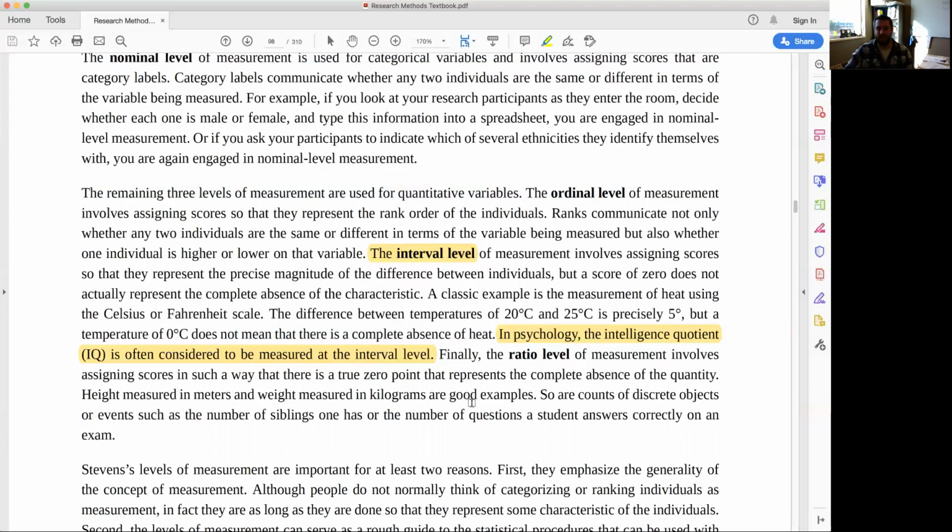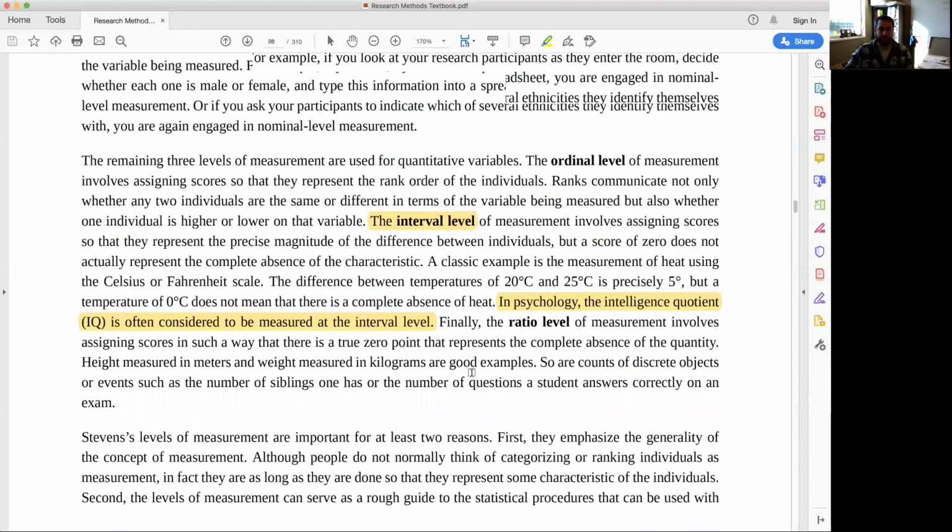And you can get very precise with ratio scales. So again, most stuff is happening interval in psychology. So that's where you will see most of the different psychometrics using a 1 to 7 scale or even like a 0 to 6 scale. But again, the 0 does not mean complete absence. It just means very low.